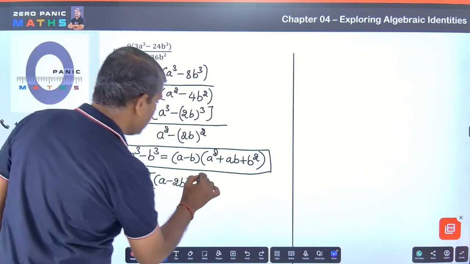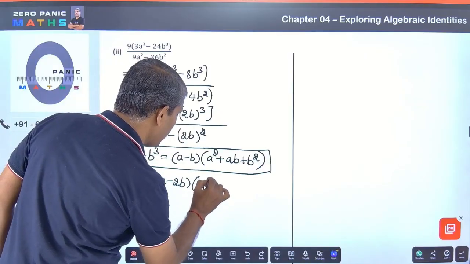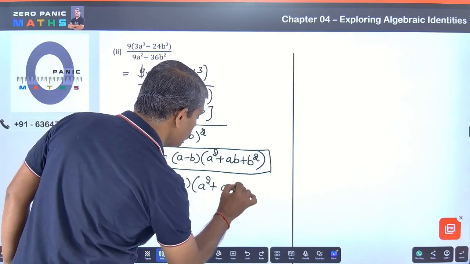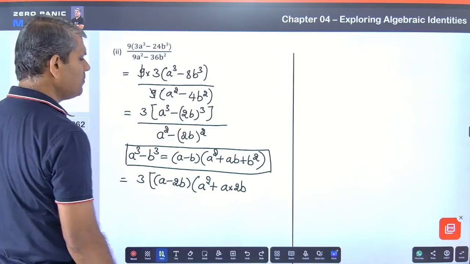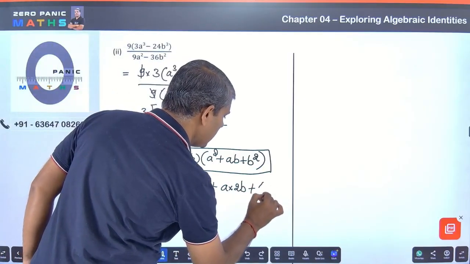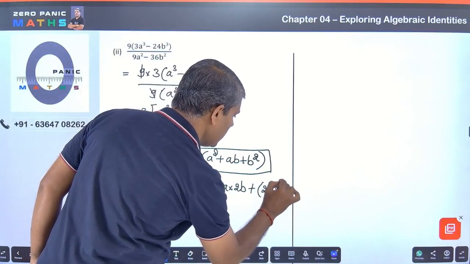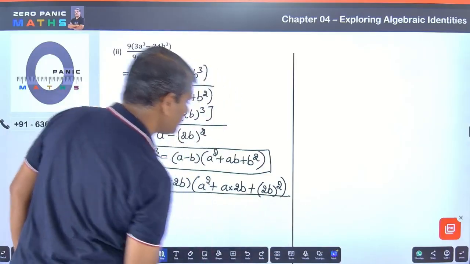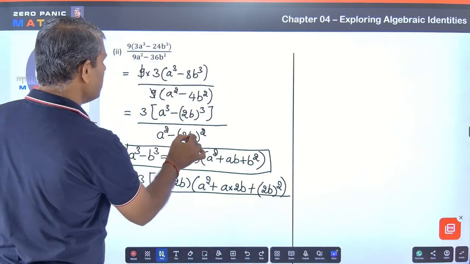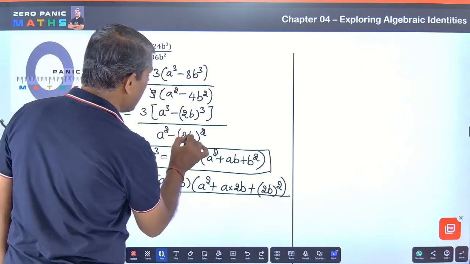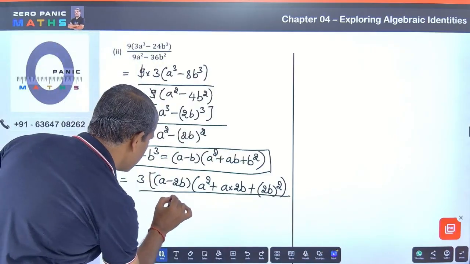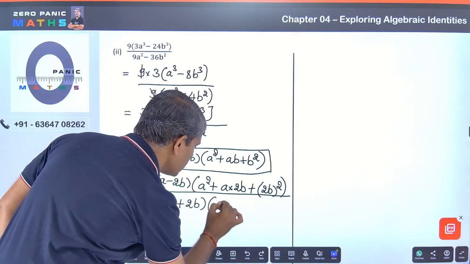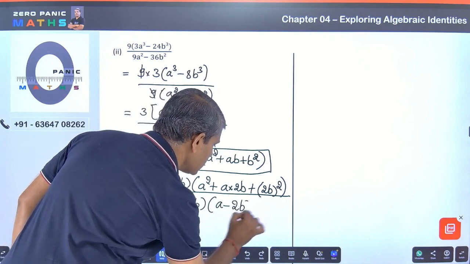Then in another bracket, a square is a square only, plus ab is a into 2b, because 2b is b for us, and then finally b square, which is 2b whole square, divided by a square minus b square. Here also a is a and b is 2b, so I will write it as a plus 2b and a minus 2b.